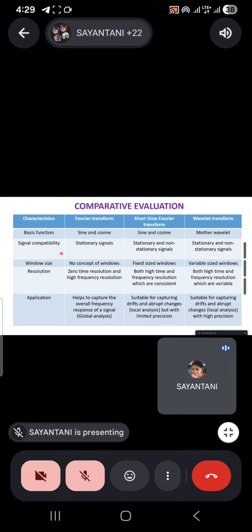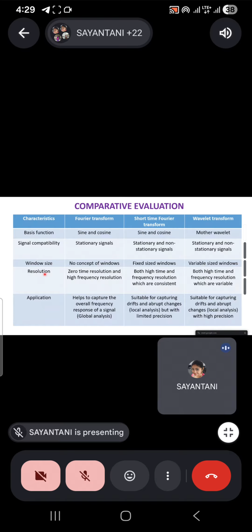Then we have the concept of window sizes. In the Fourier transform, we do not have the concept of windows. In the short-time Fourier transform, we are utilizing fixed-sized windows, which creates a major limitation. That limitation is overcome by the wavelet transform, which has variable-sized windows.